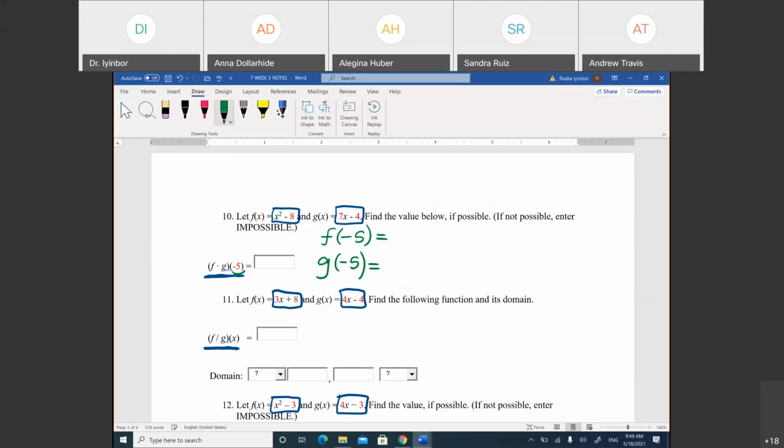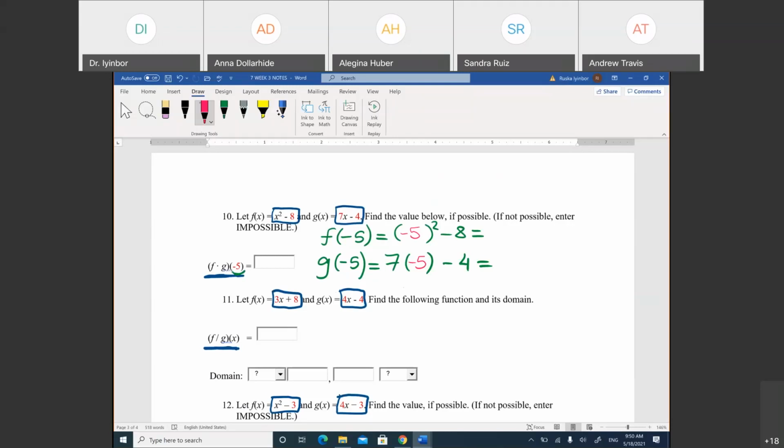Function f is x squared minus 8, and function g is 7x minus 4. And in the place of x, I'm going to put negative 5, right? So plug it in f, plug it in g.